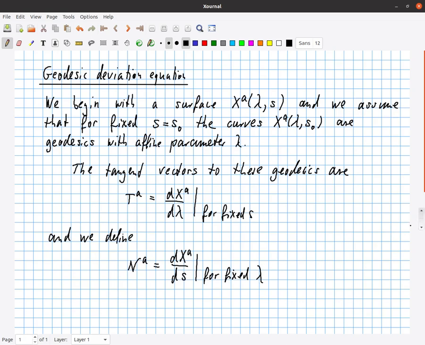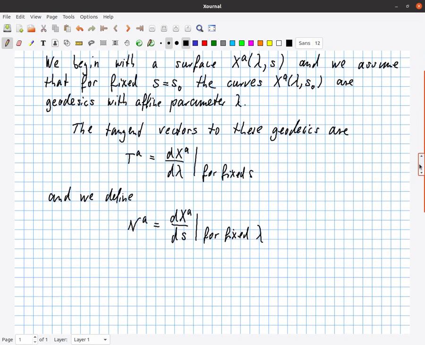I'll draw a picture in a minute, but if you go back to my initial example on the surface of the Earth, you can think about the vector n as the vector that connects the two geodesics, and the tangent vectors T^a being the tangent vectors of the curve. So what we are trying to understand is the dynamical behavior of this vector that you can think about as the connecting vector between two geodesics.